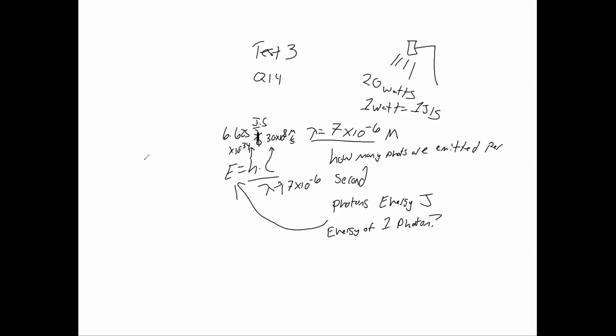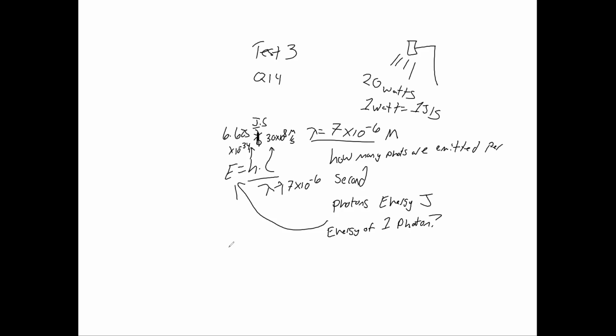So if I do that, it equals 6.626 times 10 to the minus 34 multiplied by the speed of light, 3.0 times 10 to the 8th, divided by the wavelength of my light, 7 times 10 to the minus 6.